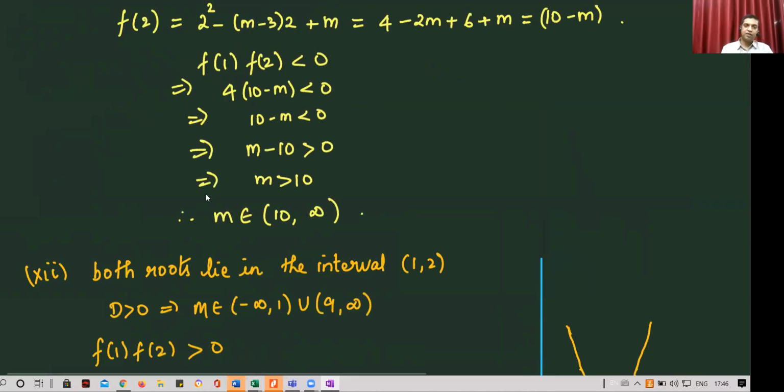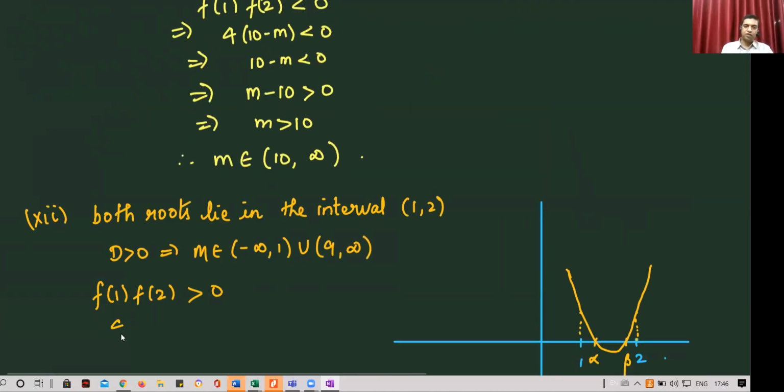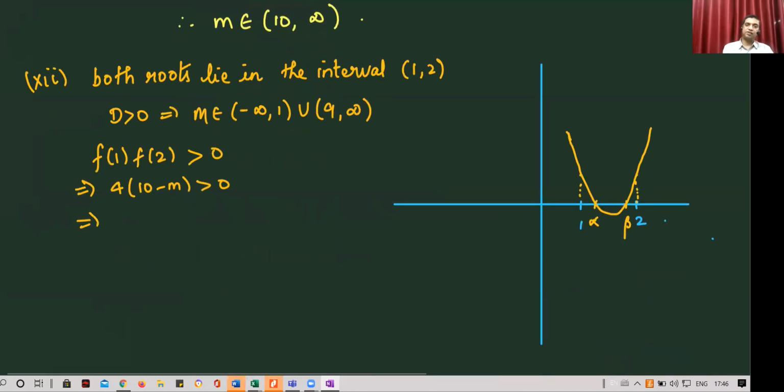So you have 4 into (10 minus m) is greater than 0, which implies m will be less than 10. So now you have to combine this. m is less than 10 and m lies between minus infinity to 1 union 9 to infinity.